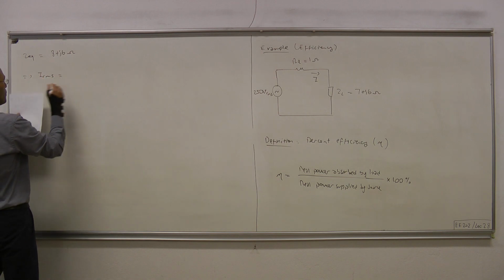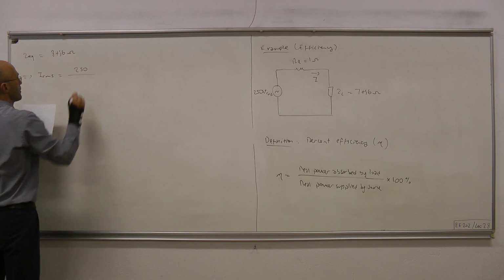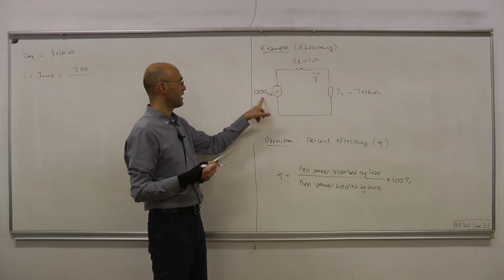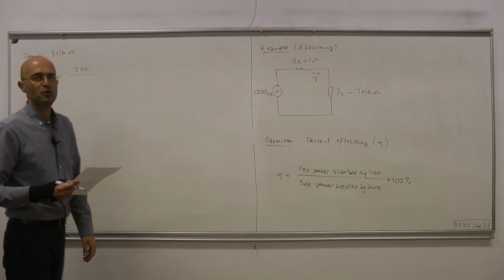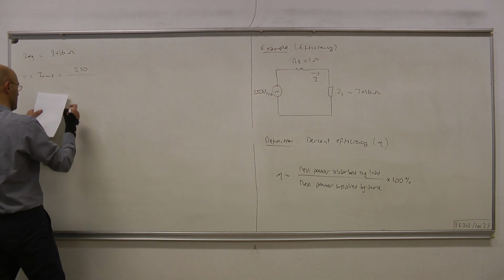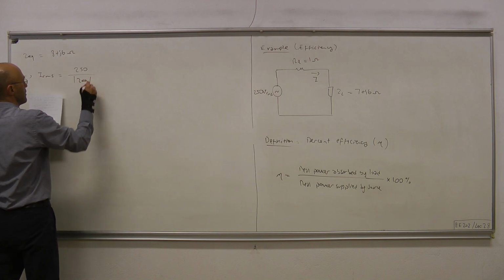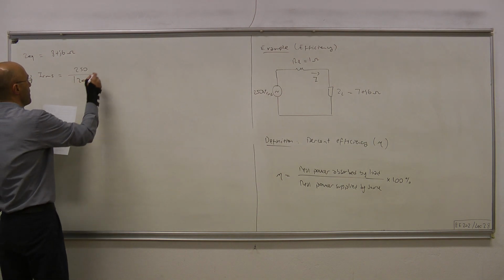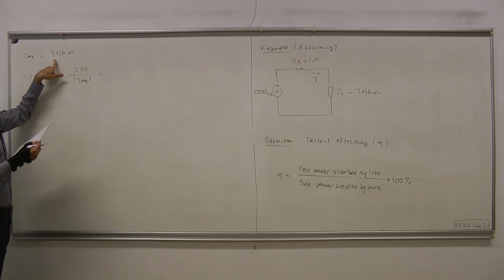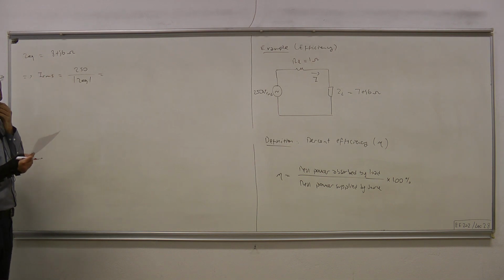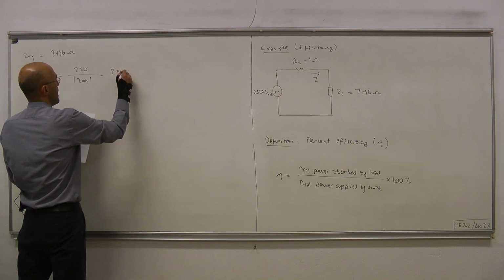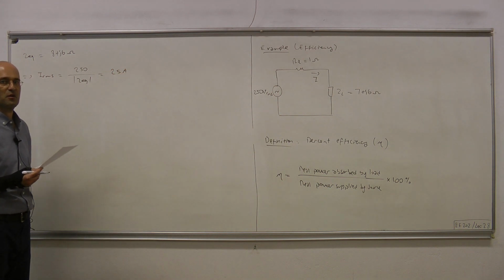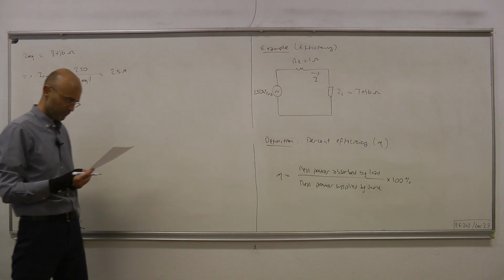I RMS equals the RMS value of the voltage of the source divided by the magnitude of Z equivalent. The magnitude of this impedance is 10, therefore 250 divided by 10, we're talking about a 25 amp current passing through our transmission lines.